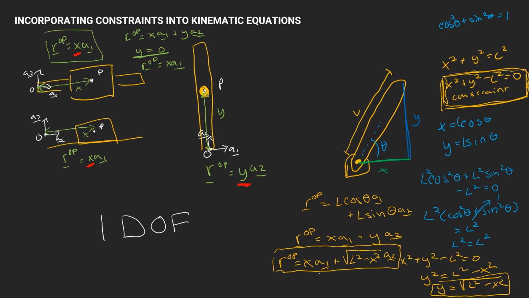This is also a valid expression, right? What's important is it's incorporating the constraint. Here again, you only have one coordinate, x, just like in the other way of expressing it you have one coordinate, theta. So this is also 1 degree of freedom; you just now have a different coordinate.